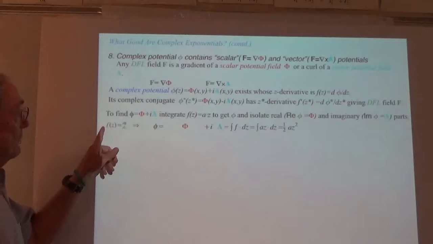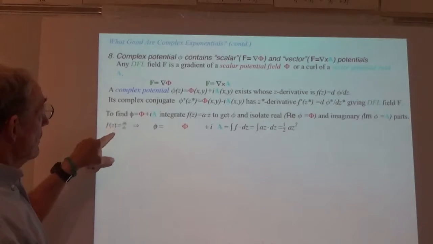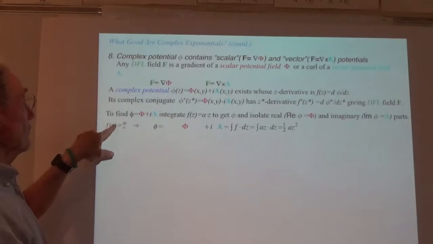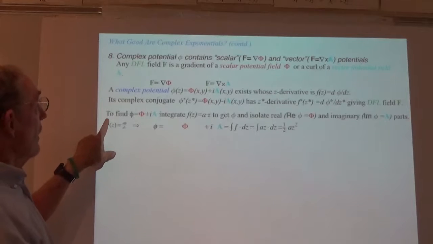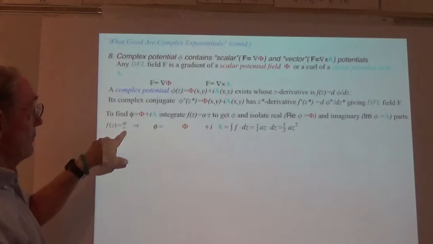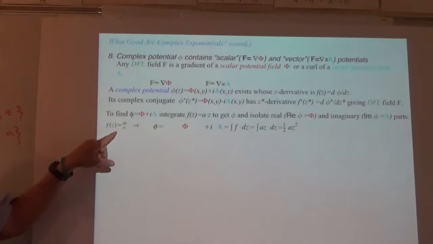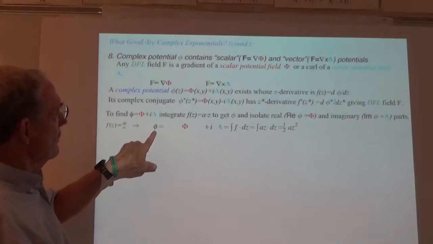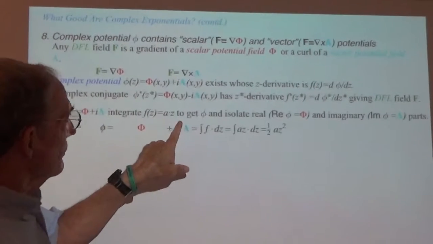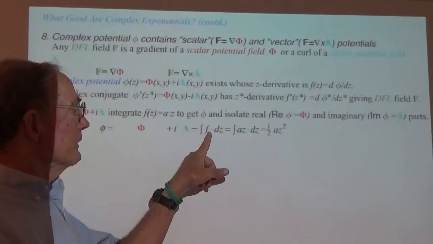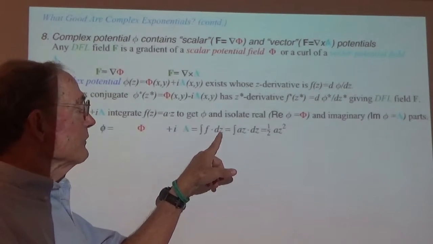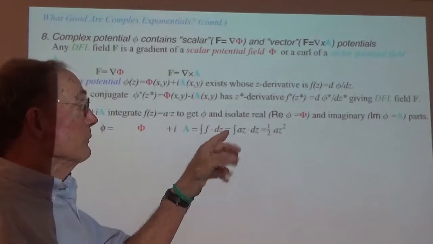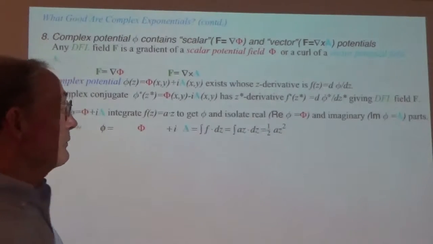So if the force, the complex F, that is force field, is the derivative of phi with respect to z, it's kind of really small there, you might have a hard time seeing it, but the idea is that this phi, that's this real part plus an imaginary part, is simply the integral of that F with respect to dz. And we just use standard calculus formula.